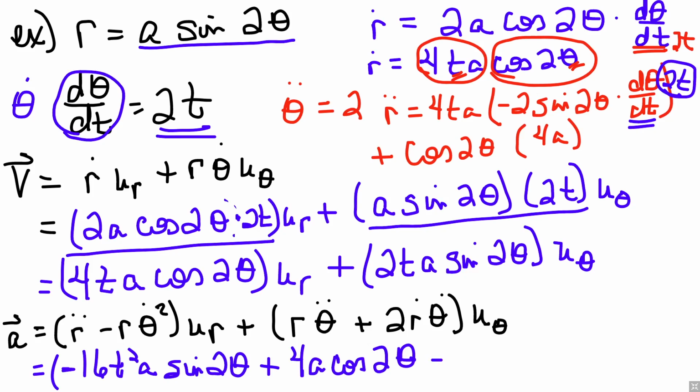Then we're going to have minus r, which is defined as a sine of 2 theta, times theta dot, which is 2t, but we're going to square that, so that gives us 4t squared there. And this all is in the u of r direction. Any questions there?